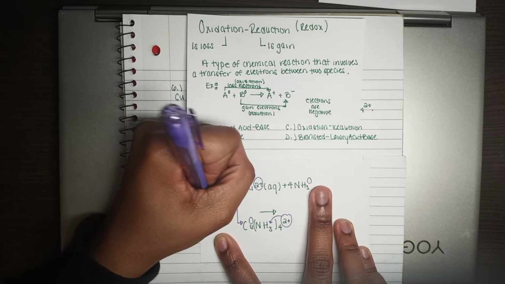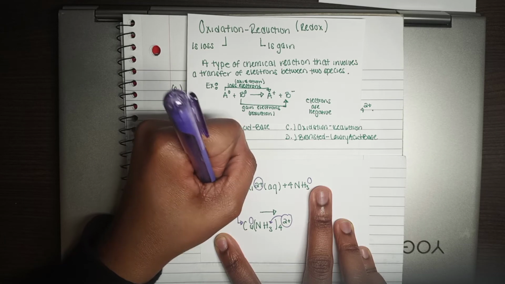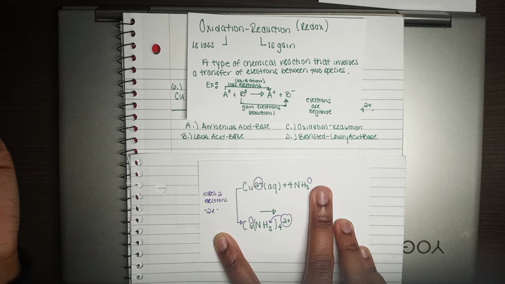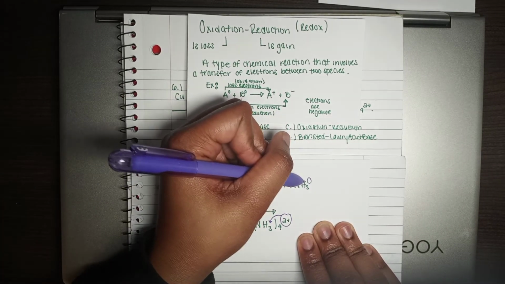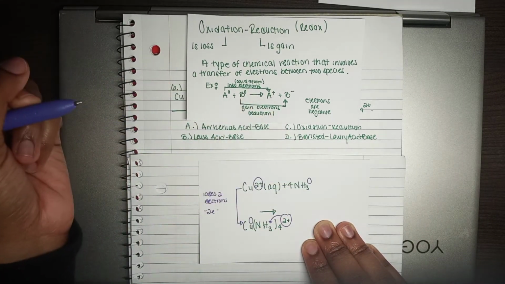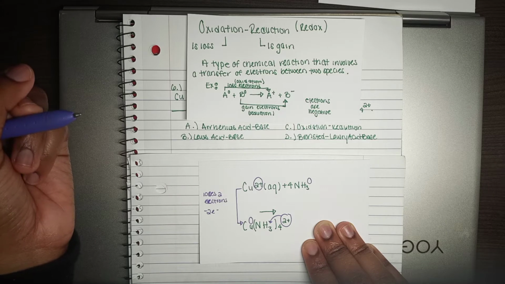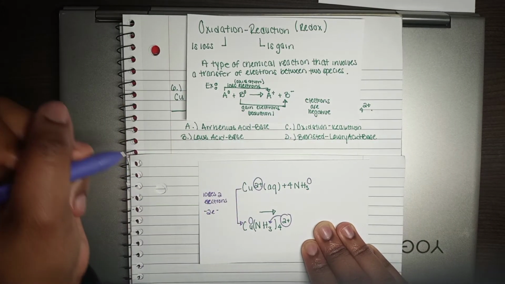So it looks like -2 electrons, not forgetting that electrons are negative. And then over here, it gains 2.